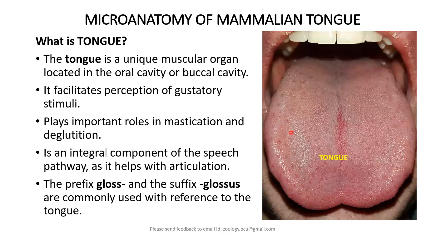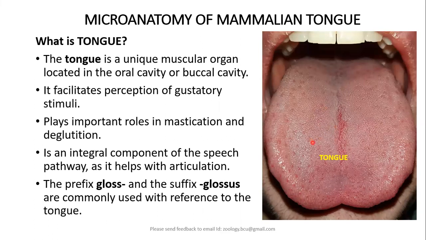So, as we all know, tongue is a unique muscular organ located in the oral cavity or buccal cavity of the animal. It facilitates perception of gustatory stimuli. That means it is the organ of taste.